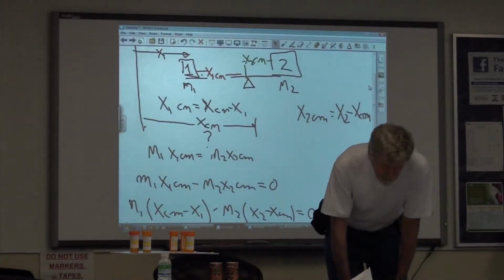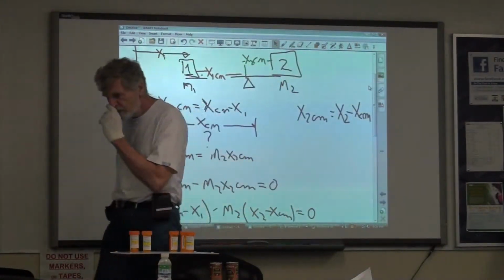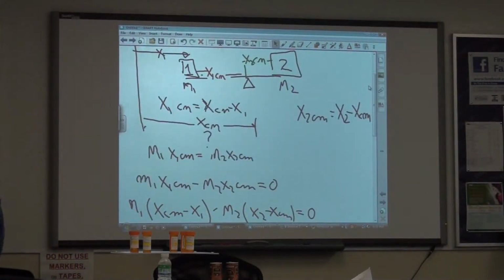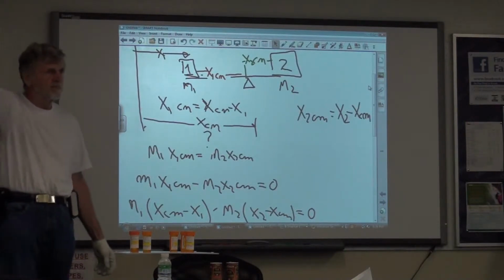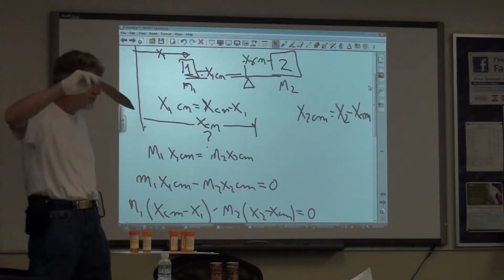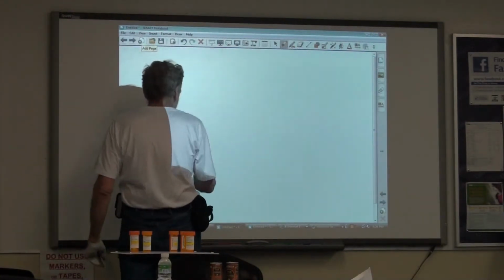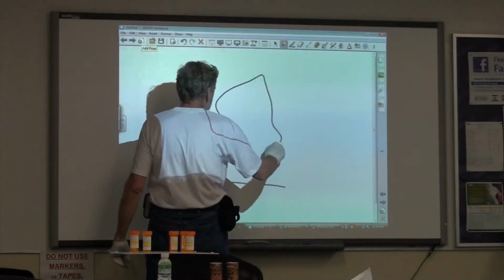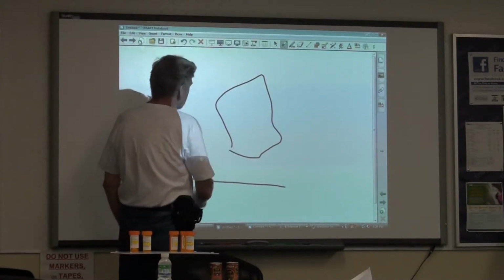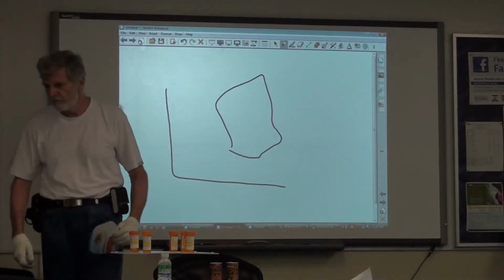In the middle of the page, we have an object that sort of looks like this. Now, if we have a center of coordinates and an object that looks like this, someplace in that object is a center of mass.